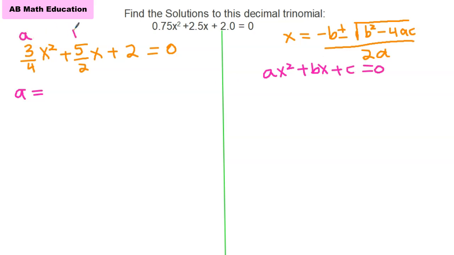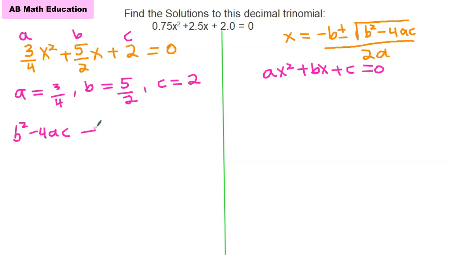So our a is 3 over 4, b is 5 on 2, and c is 2. Before we plug it into the formula, let's plug it into b squared minus 4ac, and this is what we call the discriminant. I've been teaching for like 14 years, and anytime we do this first, it makes the work easier for most students.